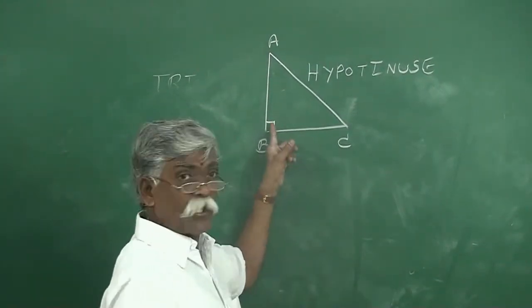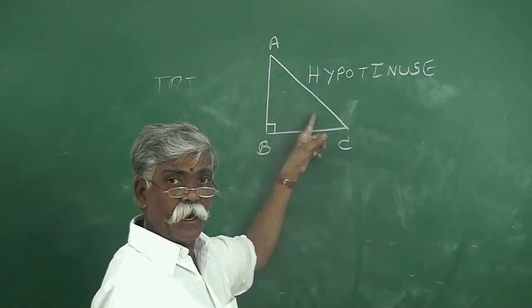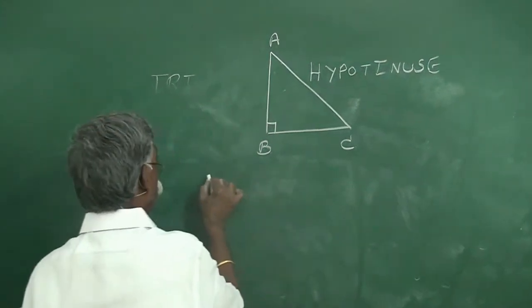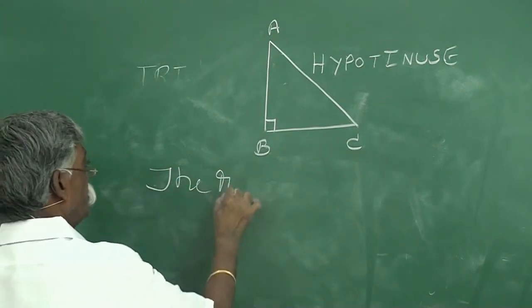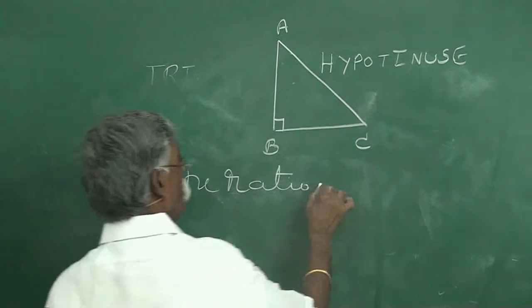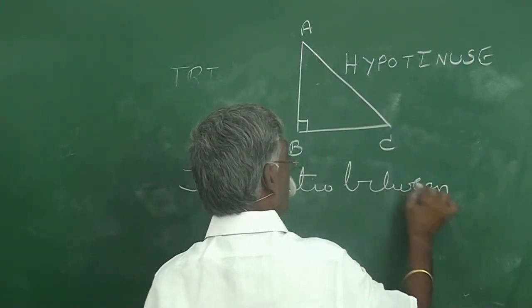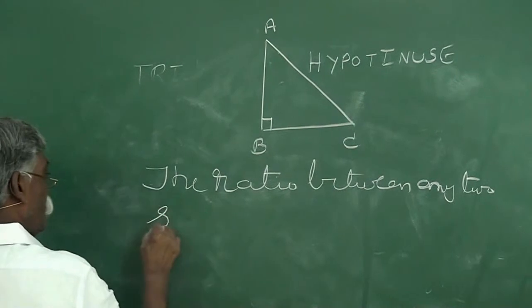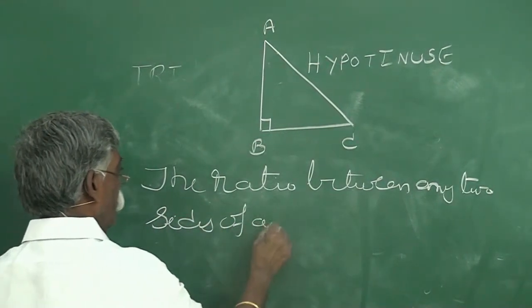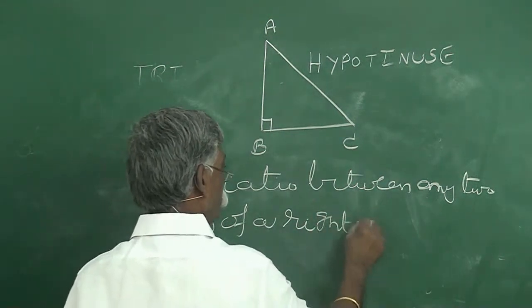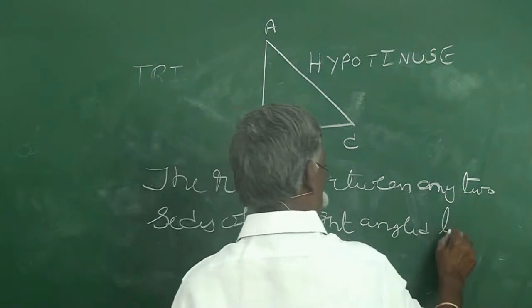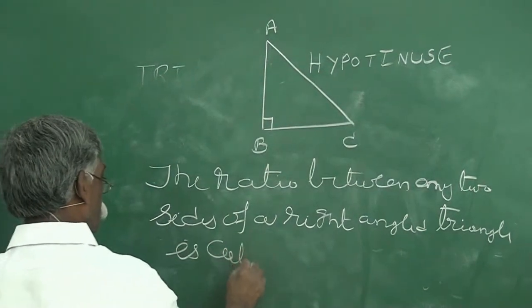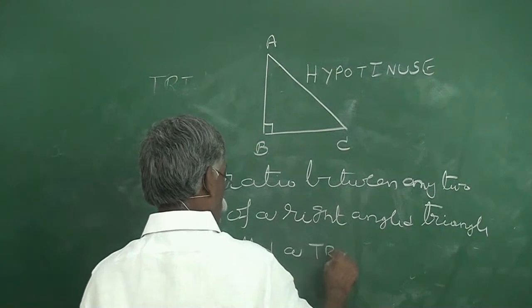And now, the ratio between any two sides of a right angle triangle is called a trigonometrical ratio.